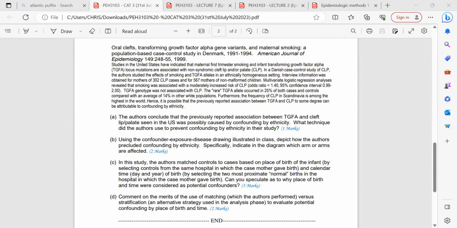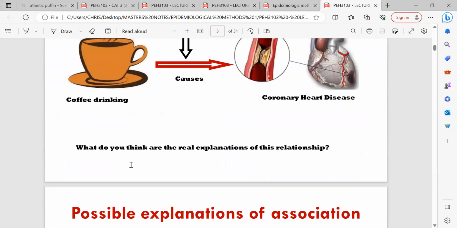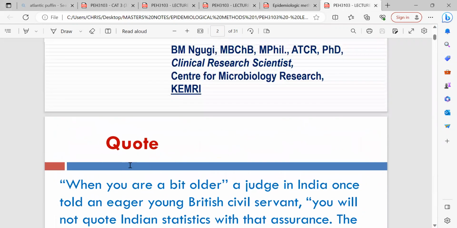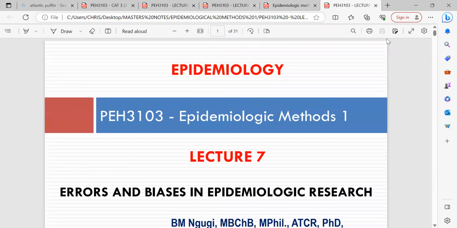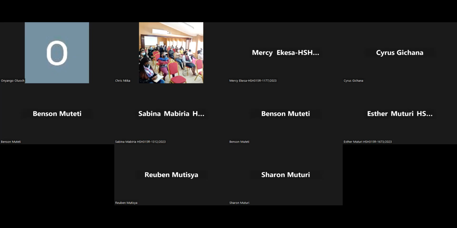I'm trying to look for that diagram so that we can draw together. Let me look for it quickly. It's from lecture 8. Yeah, there you go. So we want to draw something like this.